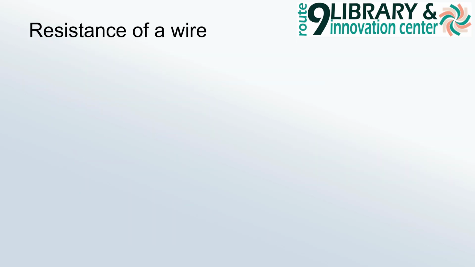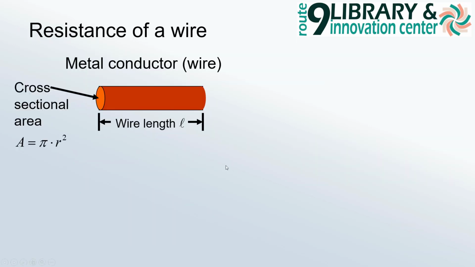So let's calculate the resistance of a wire. Ultimately, this is what we've been building to in the last few slides, because we have metal conductors that we're going to draw into a cylinder. They make a wire, and electrons will flow down the wire. That makes up current. So we know what current is. We know that there's some resistance to that current in this wire, and we can figure out what that resistance is using these formulas.